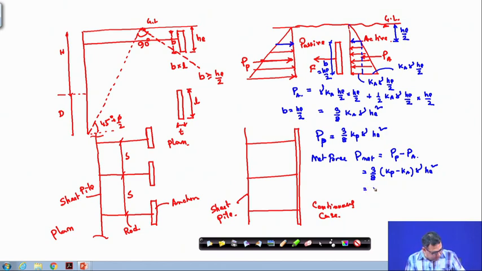Or we can write this as 2.67 (K_P minus K_A) gamma He square. Fine. Now this is the force, and that will be equal to the force that is acting on the anchor plate. So, in the anchor the force is acting. This force will be in kilonewton per meter.